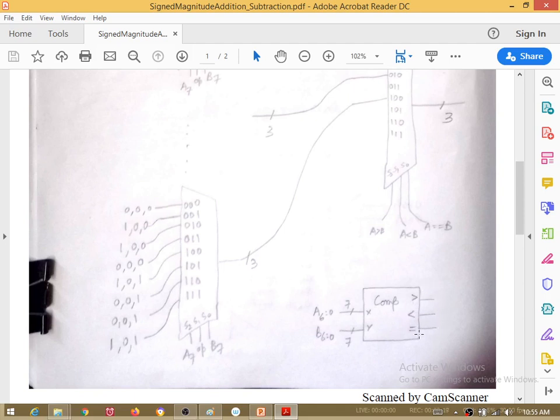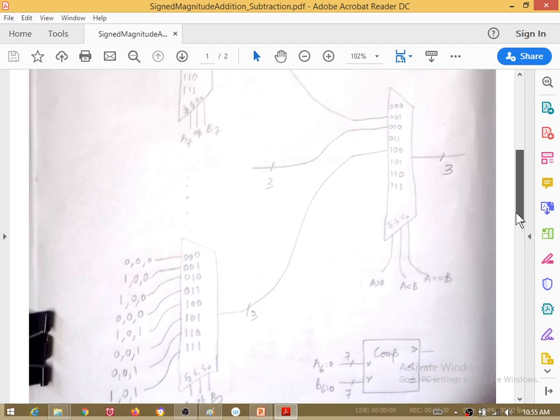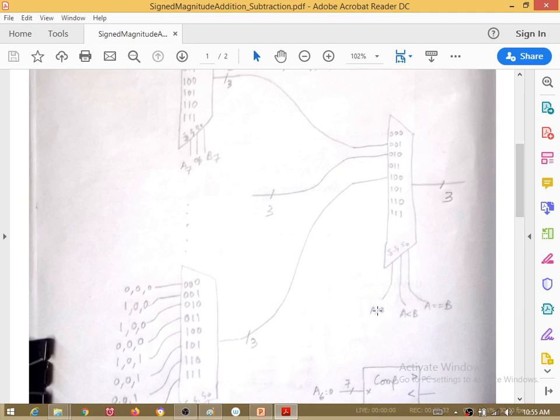Remember that these three binary answers are always mutually exclusive, which means if this is a 1, then these two will be a 0. So if I give A greater than B, A less than B, and A equal to B as the select lines, then in this particular mux the only valid inputs are those where only one of the items is a 1.